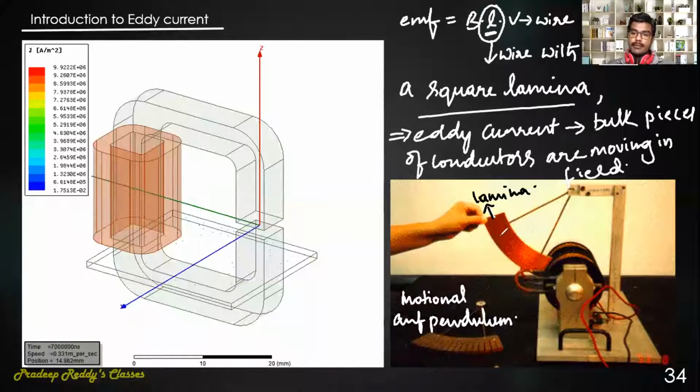There will be eddies produced within this lamina. As a result, it oscillates for some time, and those oscillation amplitudes decrease with respect to time periodically, and finally it will come to rest position. So that is the motional EMF pendulum, which is one application of eddy currents.